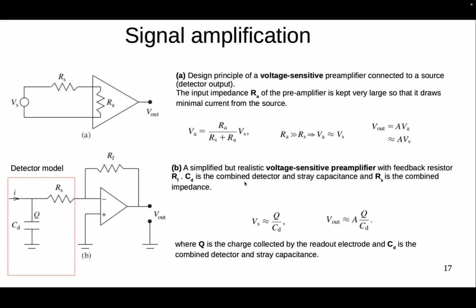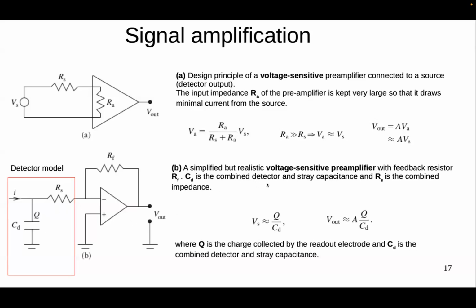Okay, so a simplified but realistic voltage sensitive amplifier with feedback resistor, as we basically saw in the previous slides. Let me see, a simplified but realistic voltage sensitive amplifier with feedback resistor RF times capacitance of the detector.